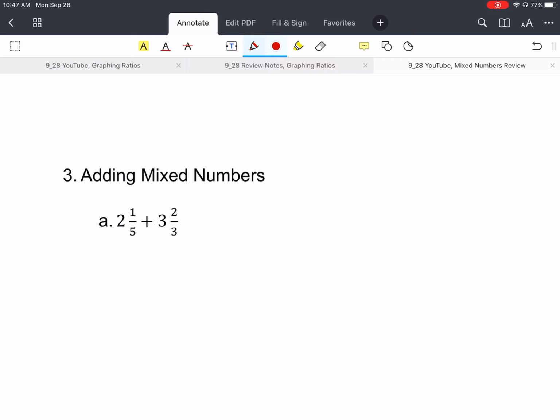So I know that looking at their denominators 5 and 3, that 15 can be our common denominator. So I'm going to write that as 2 and something 15ths plus 3 and something 15ths. We need our common denominator before we can add or subtract.